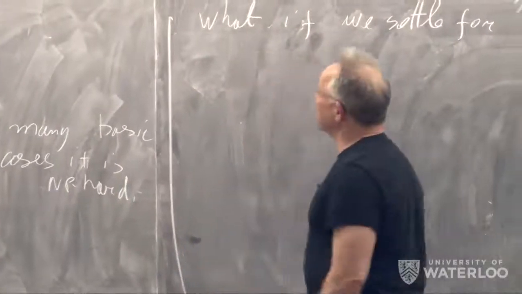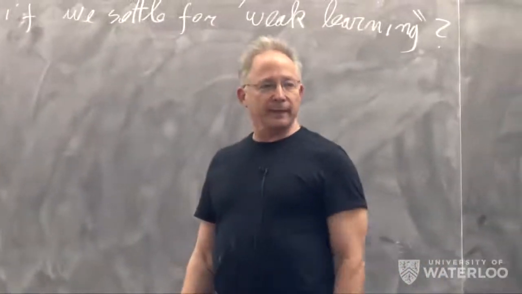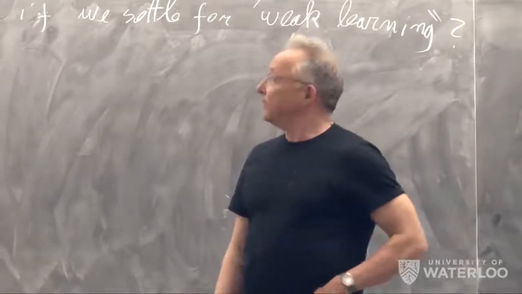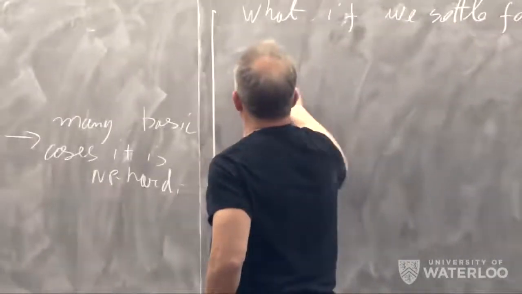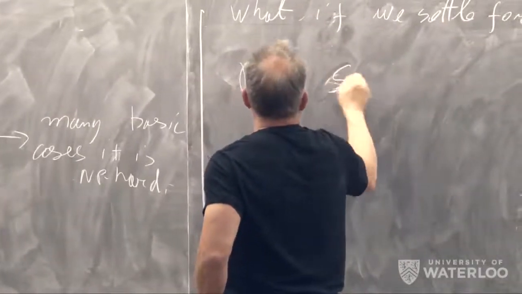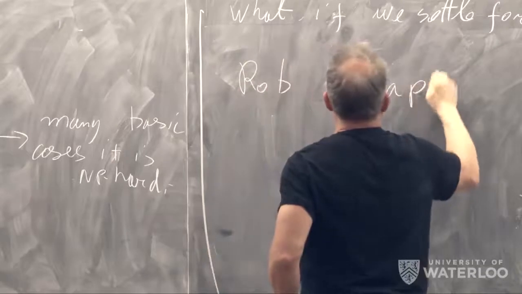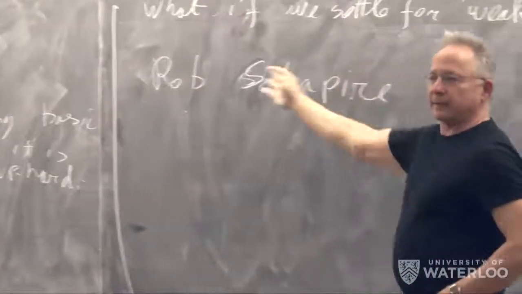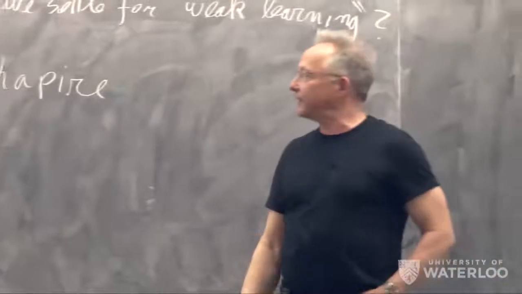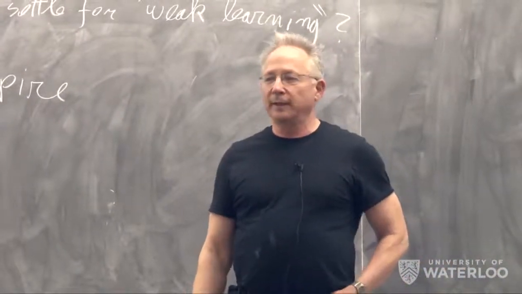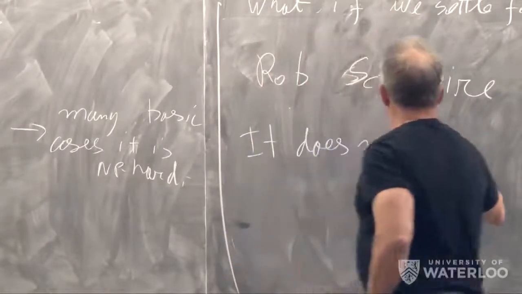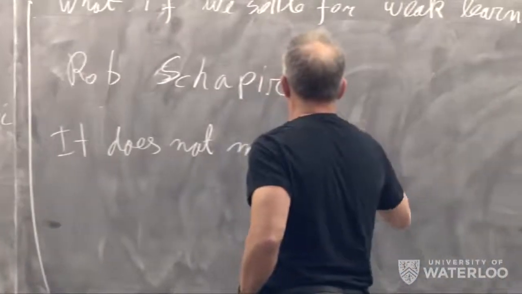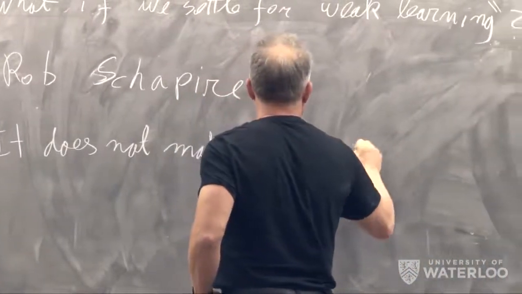So that was a question that people were asking, and this was the question that was posed to a PhD student, Rob Schapire. He was asked this question for his PhD thesis, and Rob managed to show that it does not make life easier.